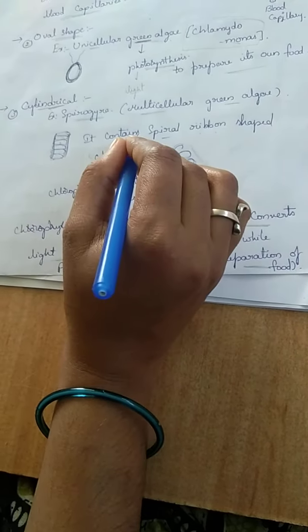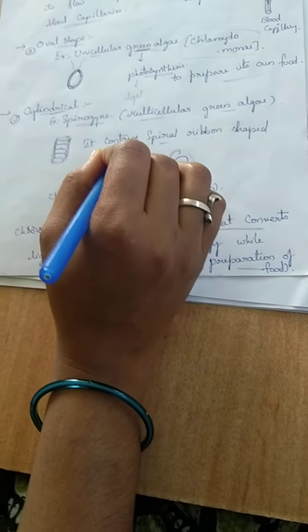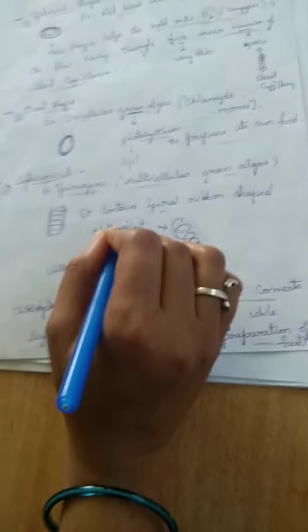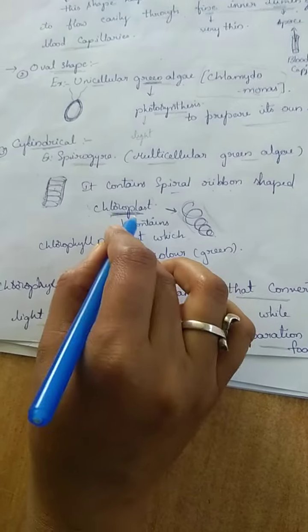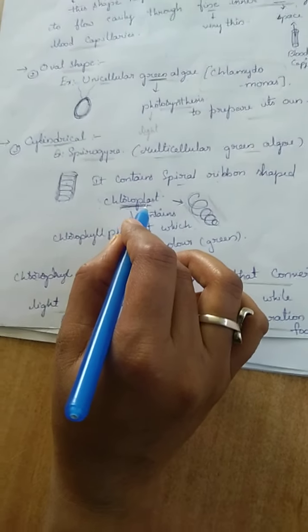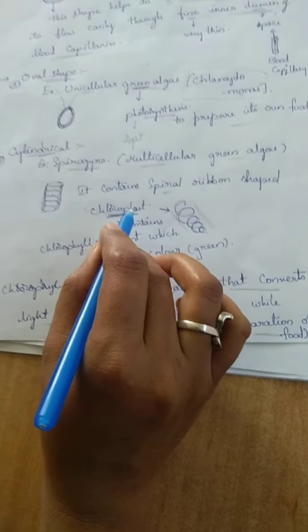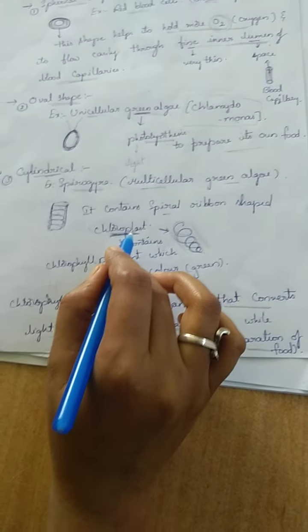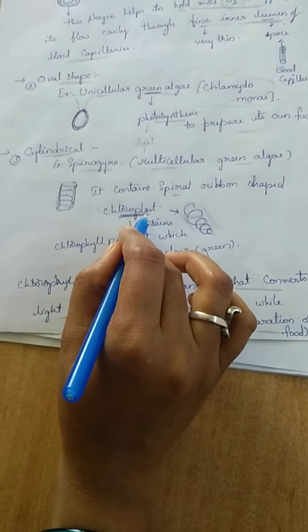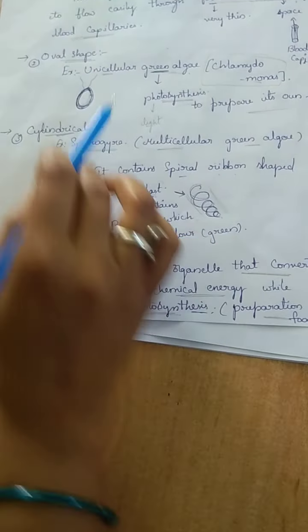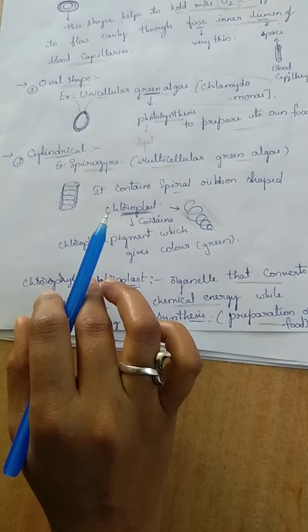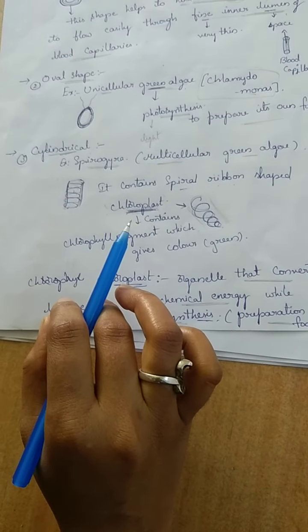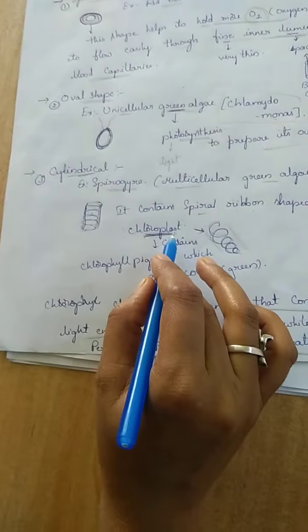Chloroplast is a cell organelle which is present in plants, and in some animals also. Nothing but in small organisms we will observe this chloroplast, but not in very large animals. In very minute organisms, such as algae, we will observe it. Algae is also a type of plant. Why?